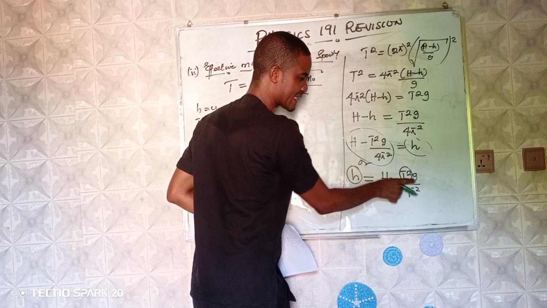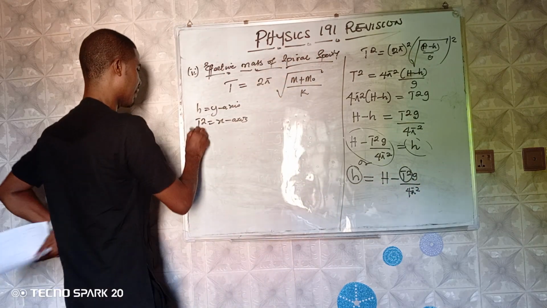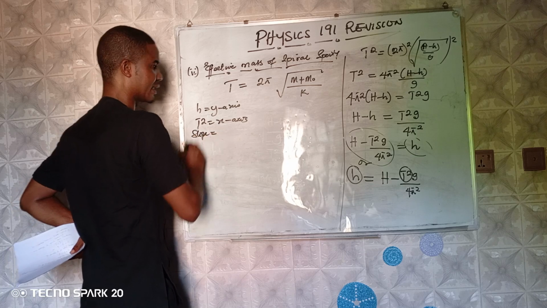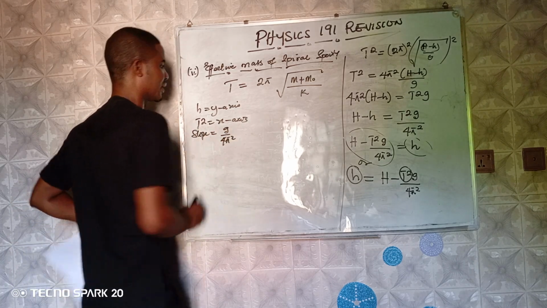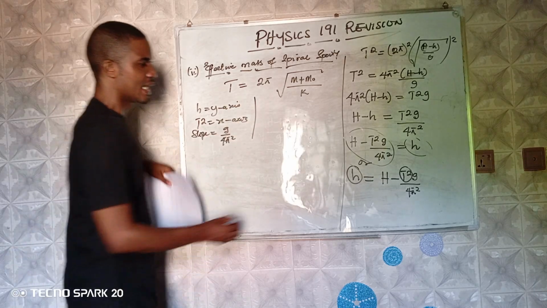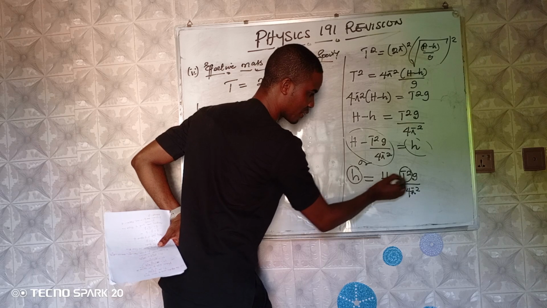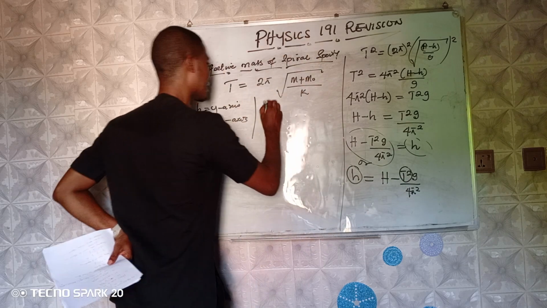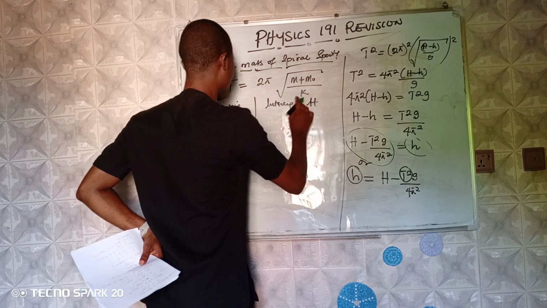Anybody attached to the x-axis by virtue of multiplication is my slope. So my slope there is g over 4 pi square. I believe you know that. So that's my slope. Now, anybody attached to the x-axis by virtue of plus or minus is my intercept. So intercept is equals to what? H.